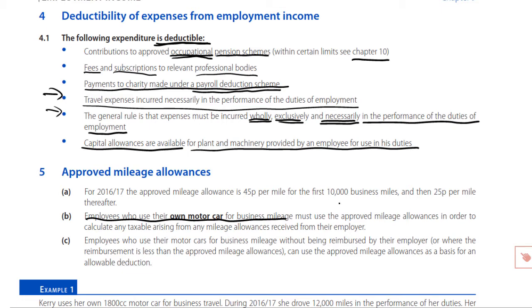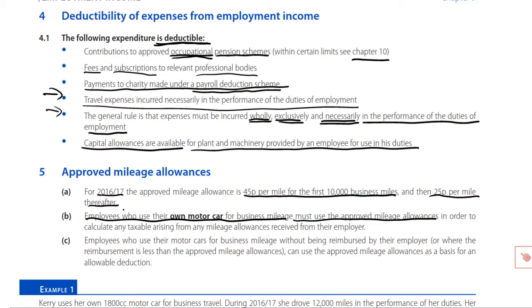Now then, if there is to be no assessment and if there's to be no allowable expense, then the employer should use the approved mileage allowance rates as set by HMRC. And for 2016-17, as you can read here, they are 45 pence per mile for the first 10,000 business miles, and should you do any more than that, 25 pence per mile thereafter.